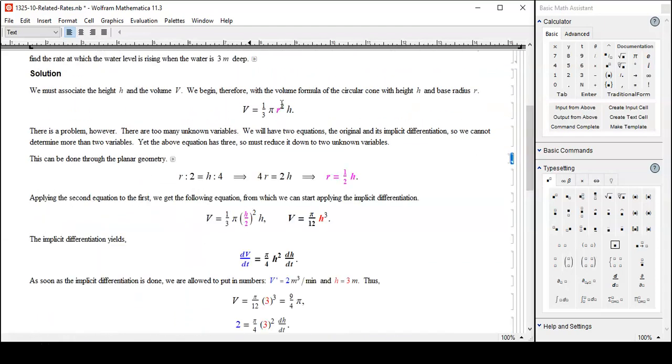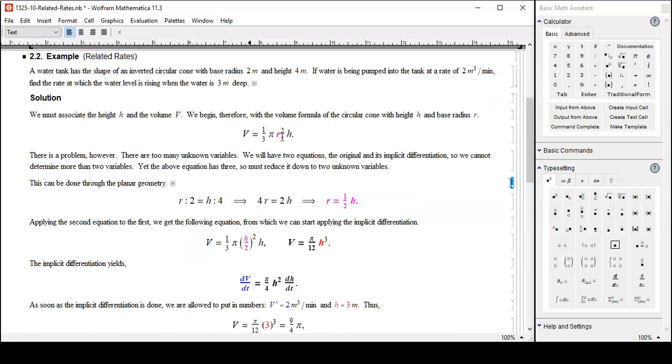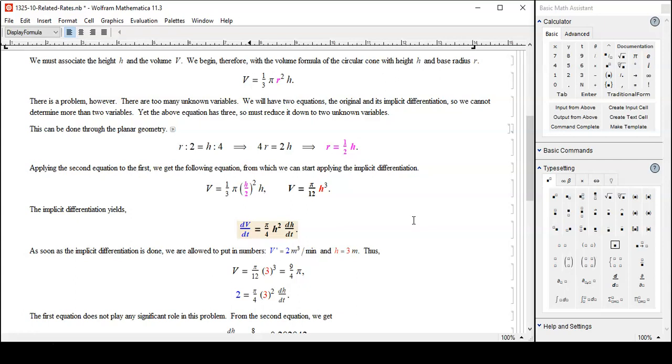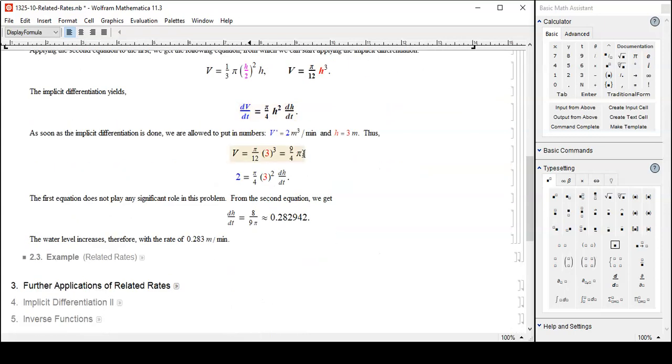So instead of r, plug in 1/2 of h in there, and you get this equation here, which can be simplified into this one highlighted in bold. There goes our equation number 1, the relation between v and h. Taking the derivative implicitly, we get the relation between the rates, v prime and h prime. Plugging the numbers, v prime is 2, h is 3, so we get the v computation like this, and the h prime computation like that. Solving for h prime, we have the answer, 0.283 meters per minute, approximately speaking.